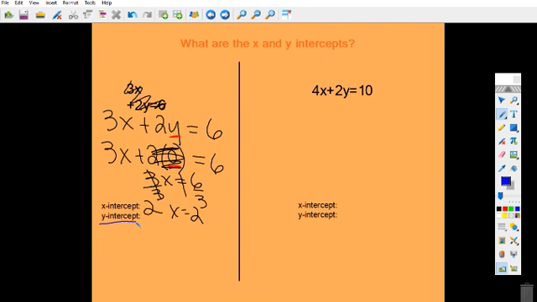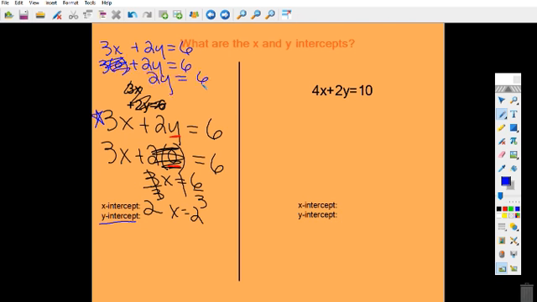So we're going to go back up to this equation, okay? We take 3x plus 2y equal to 6. We plug 0 in for x this time. 3 times 0 plus 2y equals 6. Those go away.